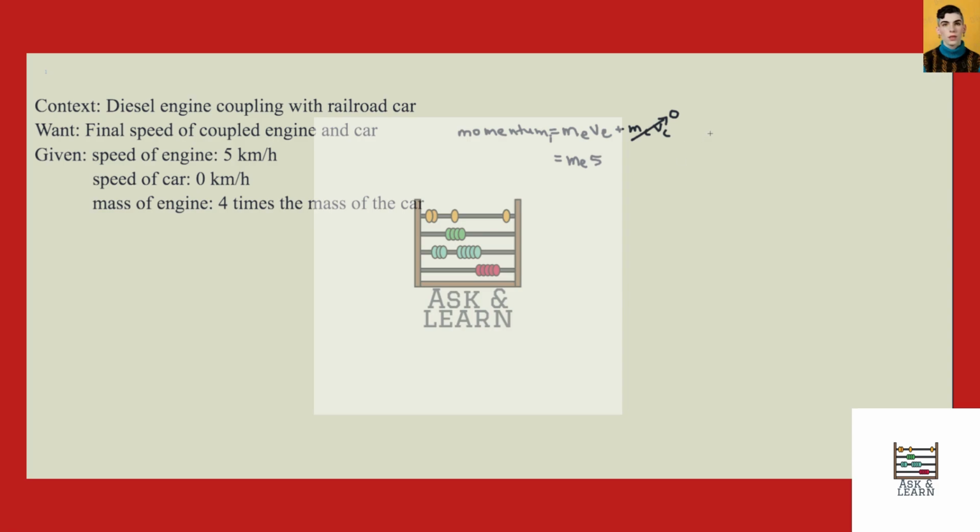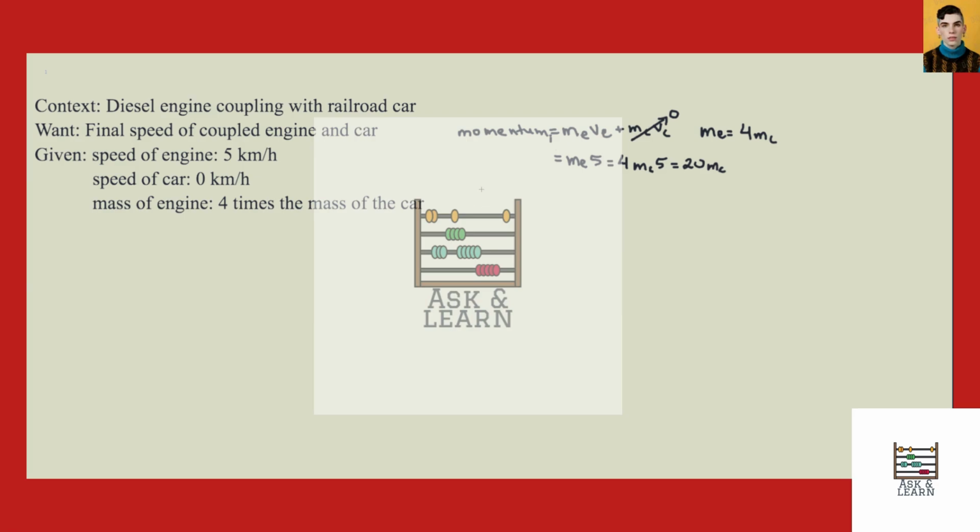But we were given in the problem that the mass of the engine is going to be equal to 4 times the mass of the car. So we could also substitute over here for 4 times mass of the car multiplied by 5. We get that the initial momentum is going to be 20 multiplied by the mass of the car.